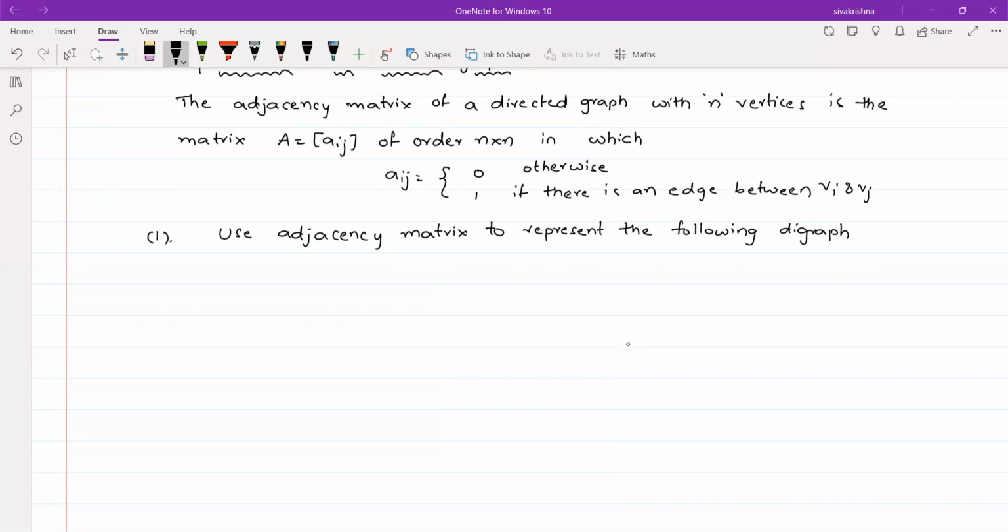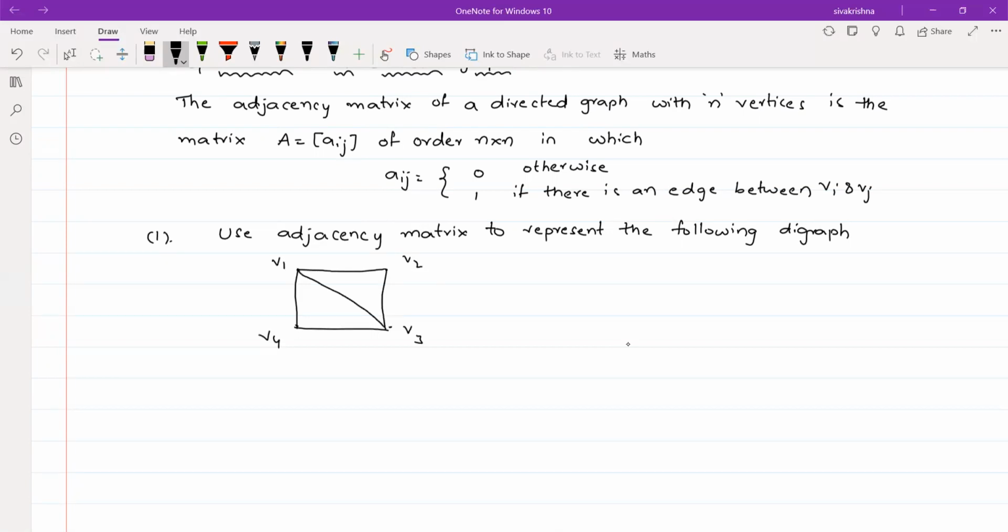Okay, so the following digraph, I am representing the vertices 1, 2, 3 and 4. These are the 4 vertices and the names are V1, V2, V3 and V4, and the corresponding edges: from V1 to V2 we are having an edge, V2 to V3 also we are having an edge, V3 to V4 also we are having an edge, and V1 to V4 also we are having an edge, and also we are having an edge from V1 to V3.